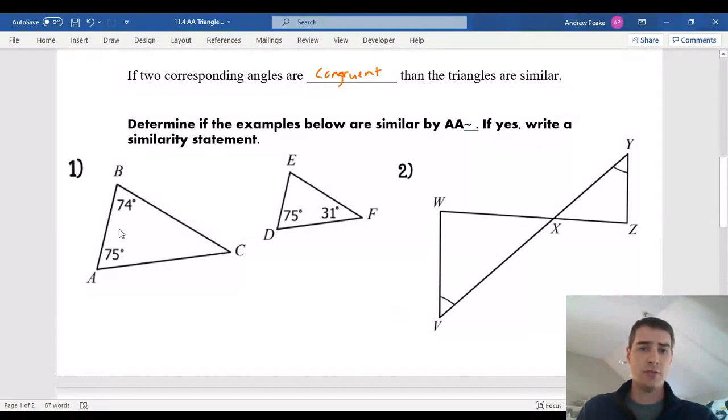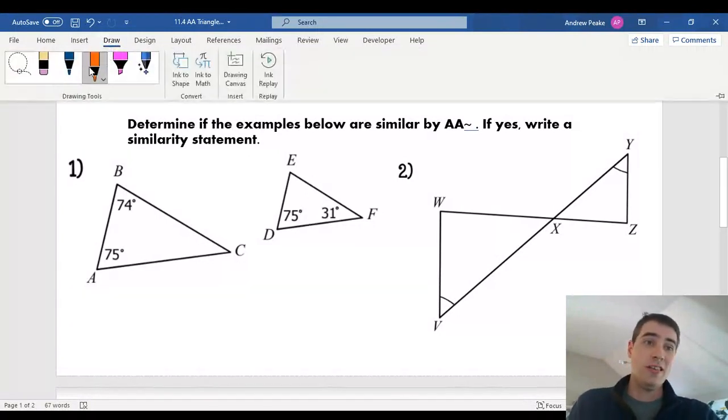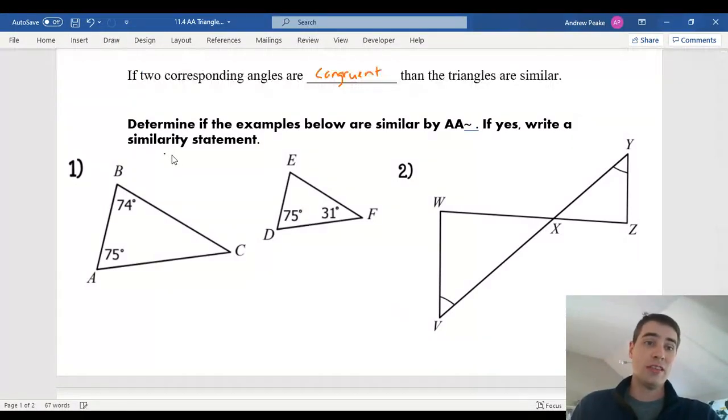So for instance, we have 74 and 75 in this triangle, and over here we have 75 and 31. Now what I'm going to do here, I've got to figure out what that third angle is using the interior triangle theorem, saying that all three angles add up to 180. I would take away 75. That gives me 105.